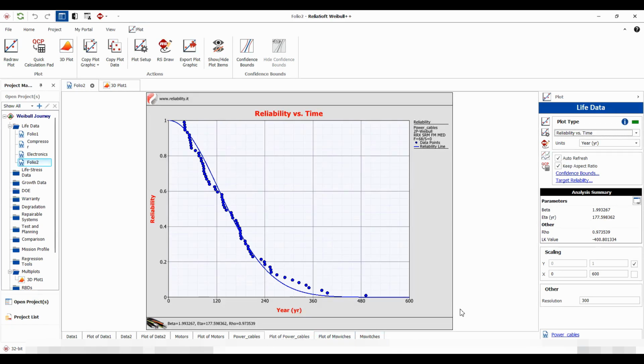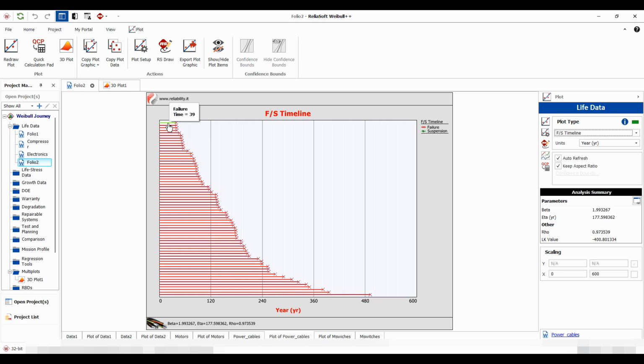But if we go back to the previous chart, we can see that this part clearly indicates that perhaps there was an opportunity to insert a shift in our distribution. And this is as far as the graphical output of our analysis.